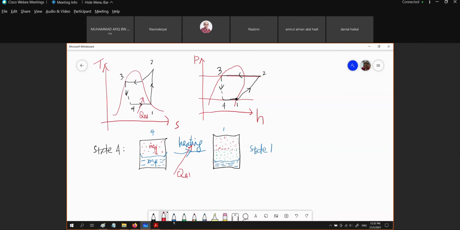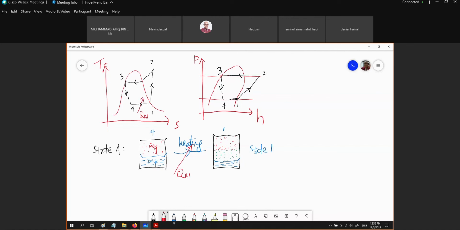Again I repeat, this process of 4 to 1 only affects the portion of mf. The mf is being reduced, and the reduction in mf at state 4 will become the saturated vapor, which I represent in green color right here.